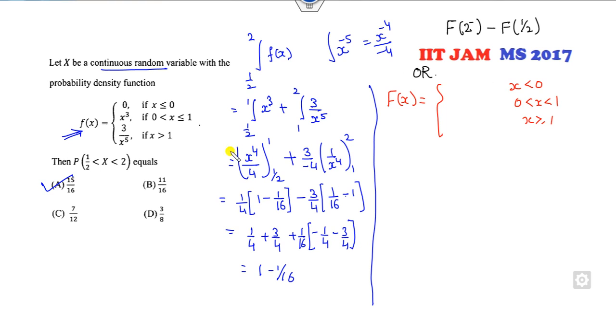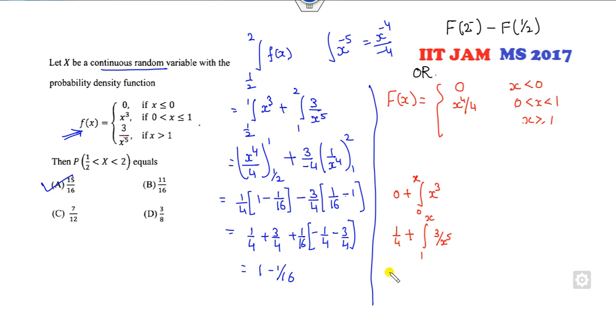Now the first value will be 0 always, the next value will be the previous value plus 0 to x of x cube. So what is that? It's x raised to power 4 over 4. Is it clear? Now the next value will be the previous value at the common point, that is 1 over 4, plus integration from 1 to x of 3 over x raised to power 5.